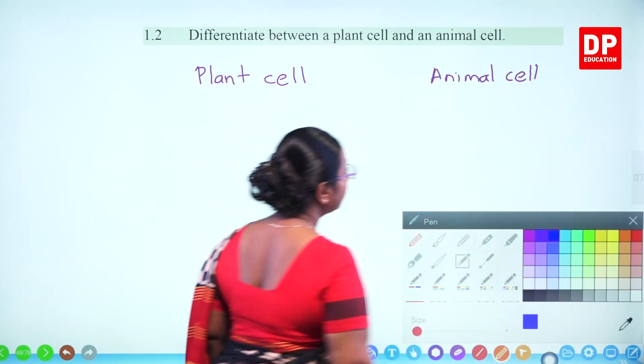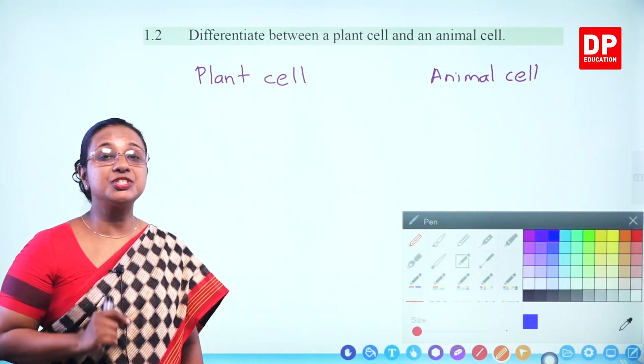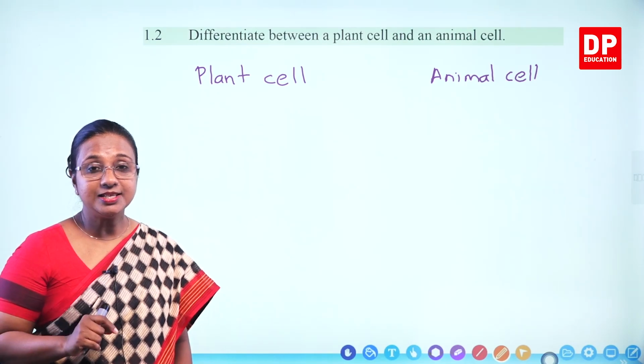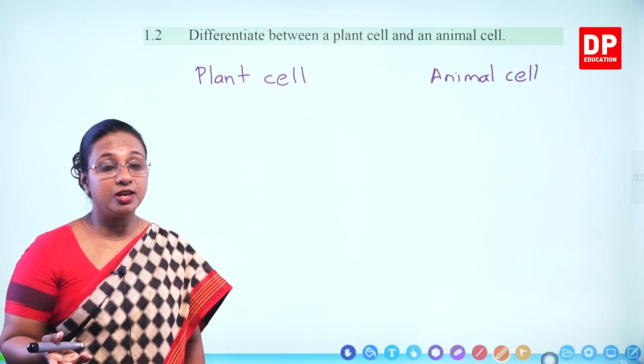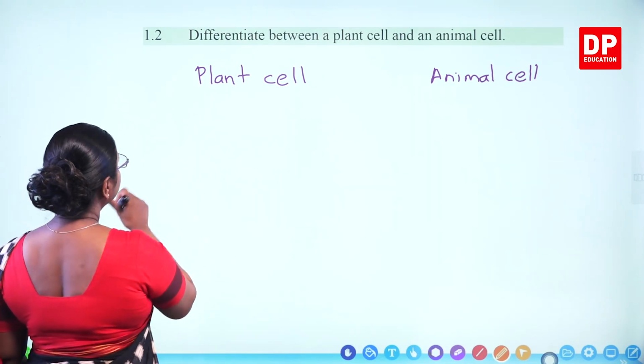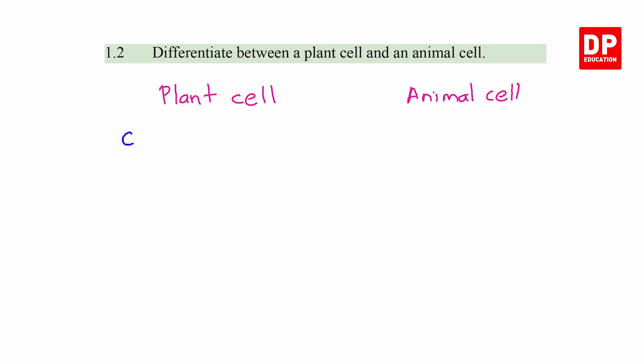Then we will start off with the outermost layer. What is it? The cell wall. It is present in the plant cell. So, cell wall is present. Here it is absent.